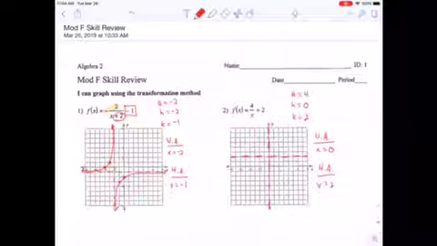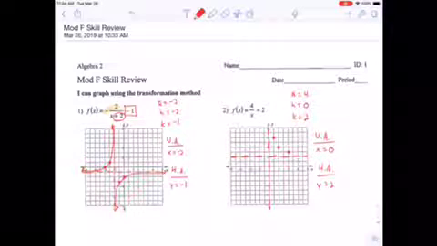Alright, so using my calculator, I found the points 1, 6, 2, 4, and 4, 3 right there. Okay? So if you find these buddies, follow their slope to where the asymptotes cross.